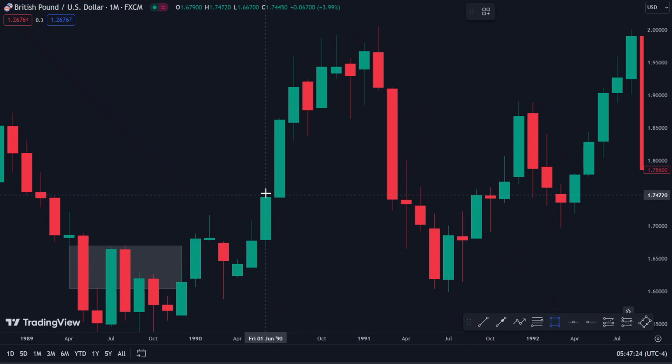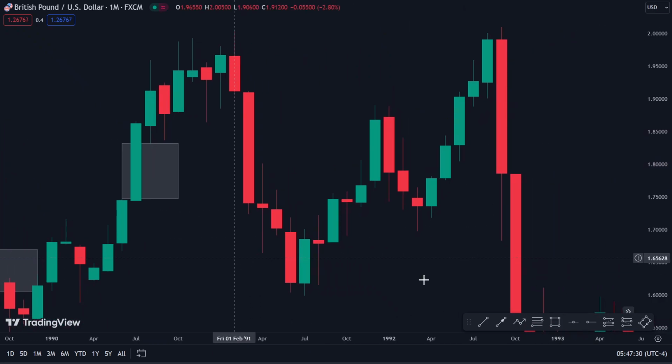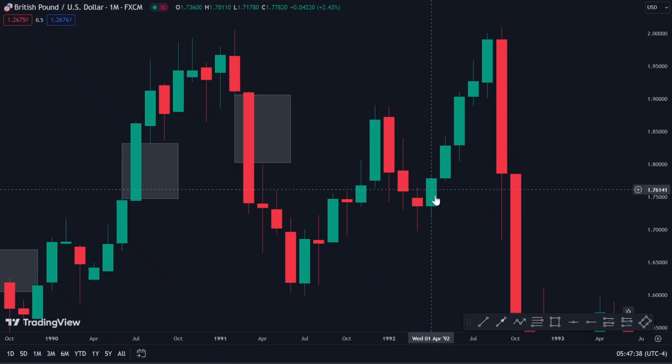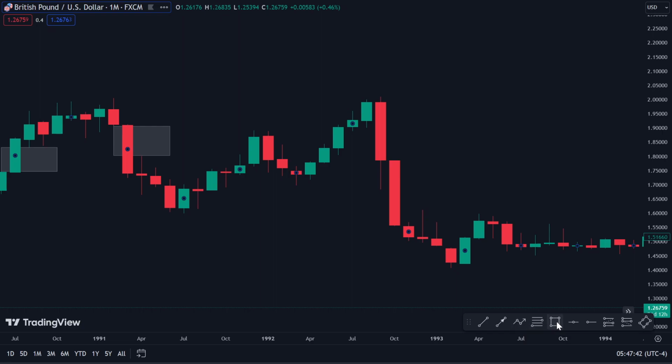We have this BC. This is our fair value gap in the form of a BC, buy side imbalance, sell side inefficiency. This is our CB, fair value gap in the form of a CB, sell side imbalance, buy side inefficiency. We also have another CB over here.